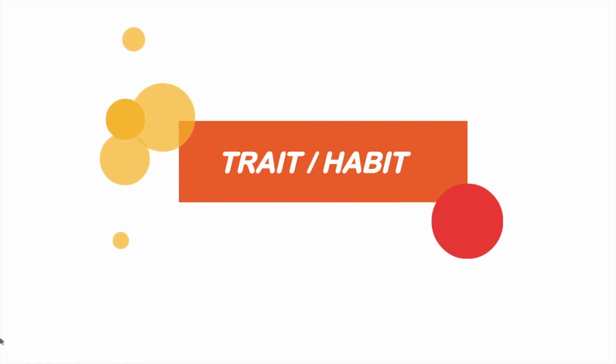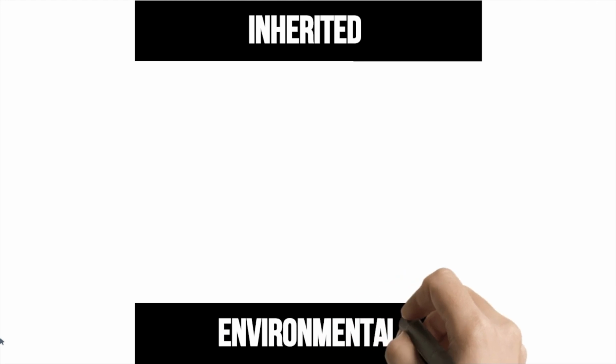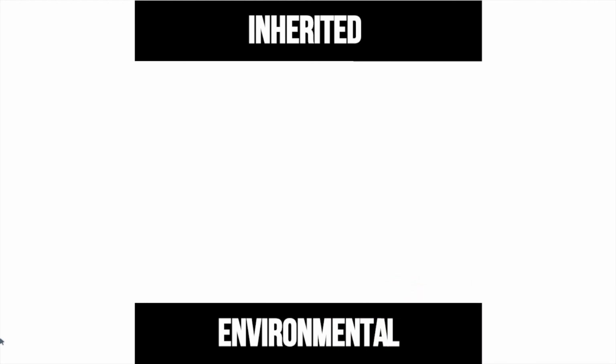Anyway, I don't know if we should call these ones inherited or environmental. Maybe we do things unconsciously that are teaching the babies to do something in this way or another.